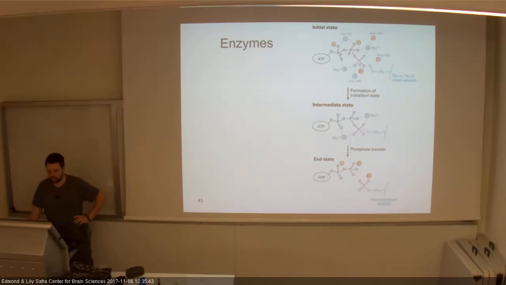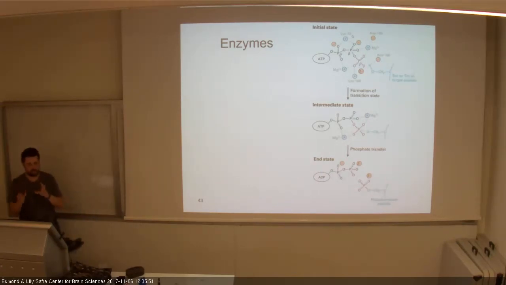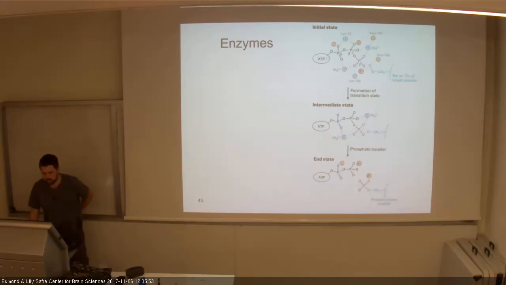Everything else that you see here, these charges or this lysine or asparagine with the numbers next to them, are all part of the enzyme. This is the ATP with the three phosphates. This is the target peptide or target protein that has a serine residue that's sticking out. All the other elements that you see here are part of the enzyme. And the reason that they have numbers next to them is actually the number.